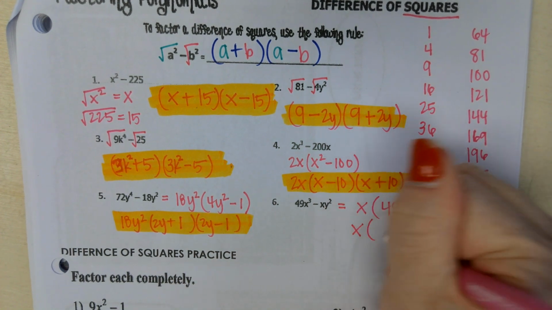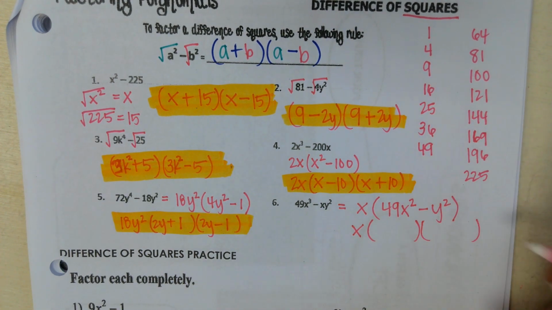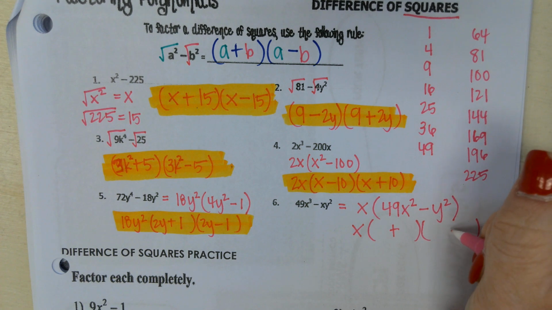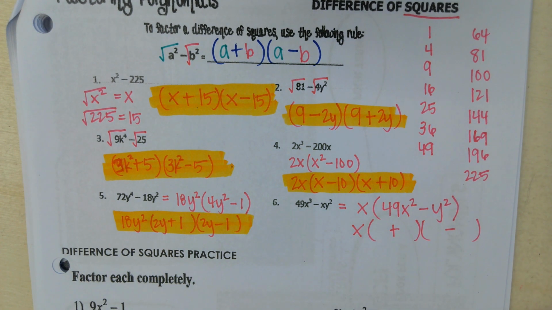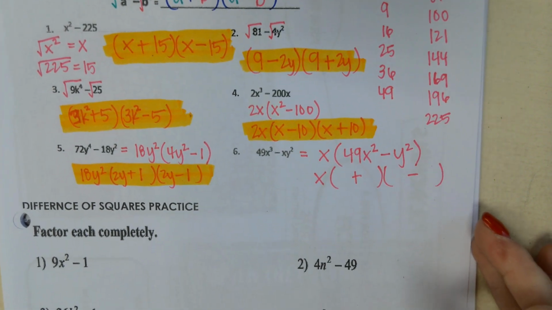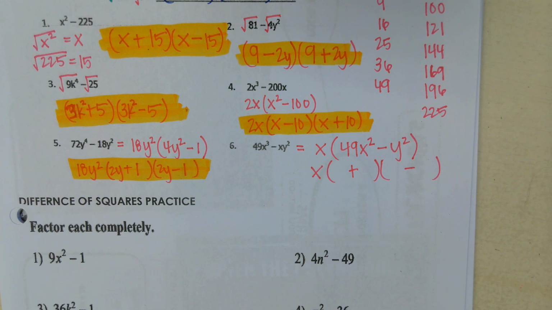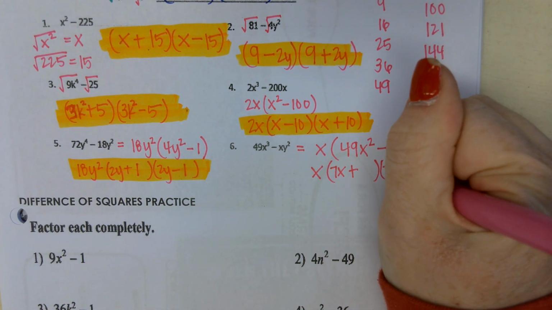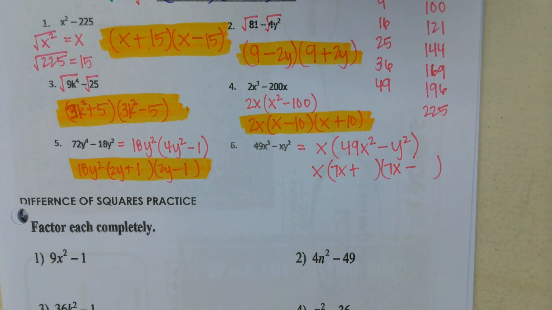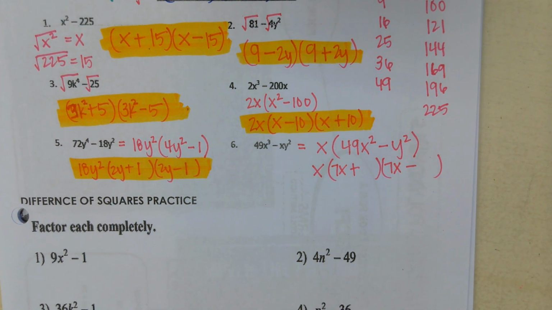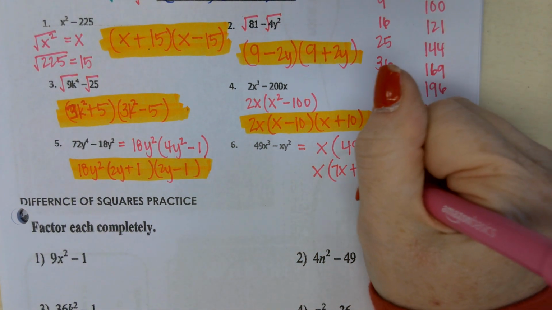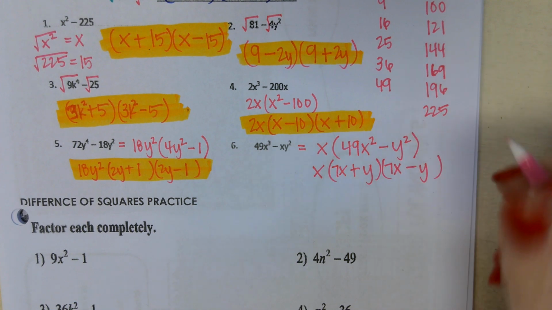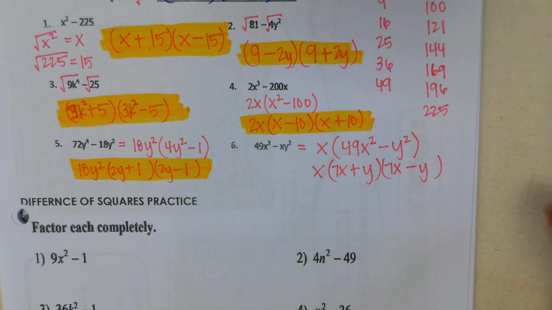So keep the GCF out front and then set up your parentheses, a plus in one, a minus in the other. What's the square root of 49x squared? 7x, so that goes in the first position. And what's the square root of y squared? Y. If y'all are sleeping, you're missing the easy stuff today.